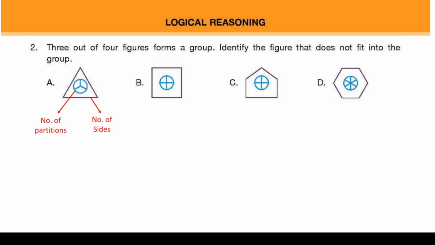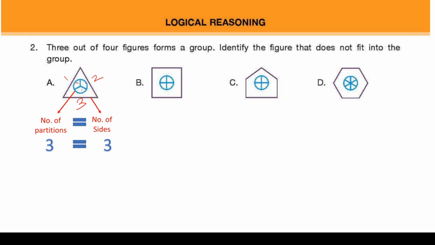An inside shape that is partitioned, so the number of partitions of the inside shape and the number of sides of the outside shape. Now, if you look at it, for the first option, both are equal because the partition inside has 3 partitions and the sides is 1, 2 and 3, and hence these two are equal.